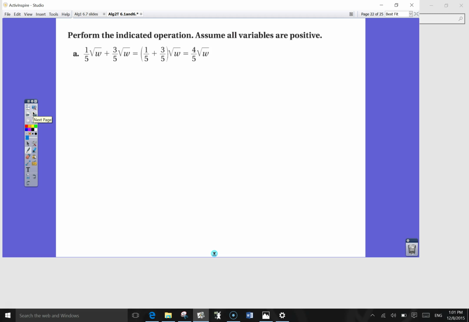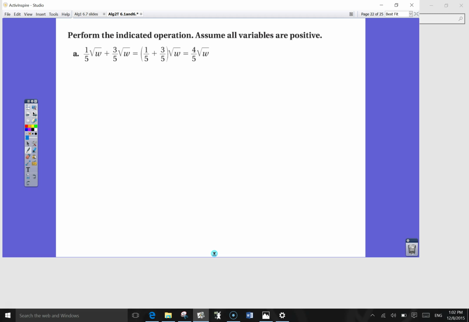And we are getting close to the end here. Perform the indicated operation. Again, assume all variables are positive, which is almost always the case. Okay, you can see again, we are adding radicals. And in order to add radicals, they have to be like radicals. In this case, we're adding square roots of w. So the index is the same, and the radicand is the same.